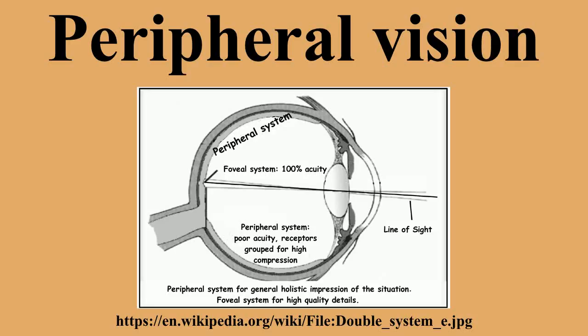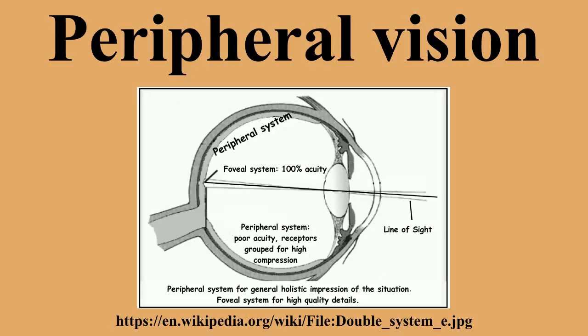These angles, representing 4 cardinal directions, are 60 degrees superior, 60 degrees nasal, 70 to 75 degrees inferior, and 100 to 110 degrees temporal. For both eyes, the combined visual field is 130 to 135 degrees vertical and 200 to 220 degrees horizontal.